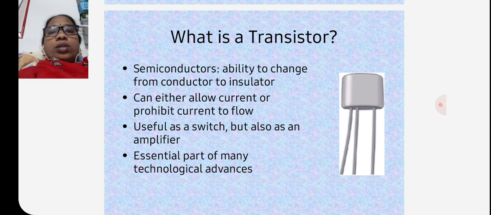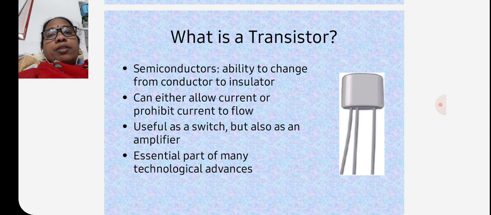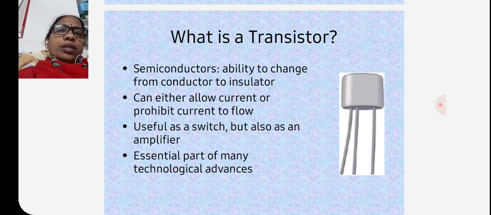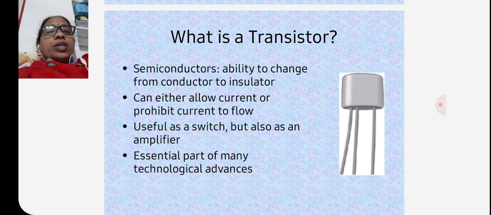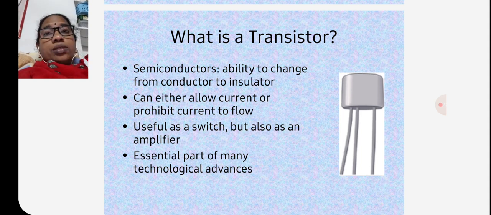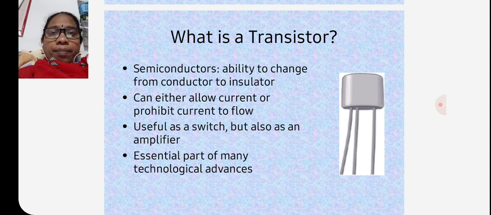Depending on temperature, the semiconductor works as a conductor sometimes and as an insulator at other times, so it is useful as a switch. Using semiconductors, the transistor works as a switch and is also useful as an amplifier.